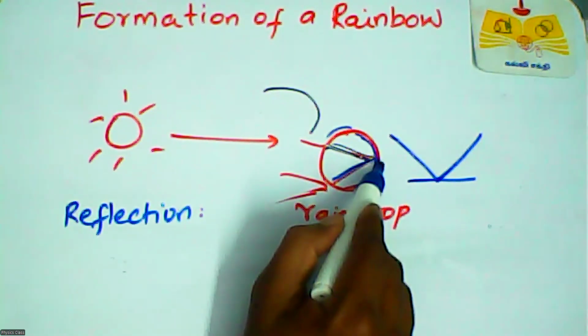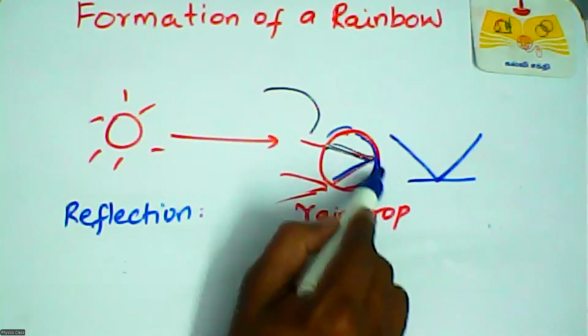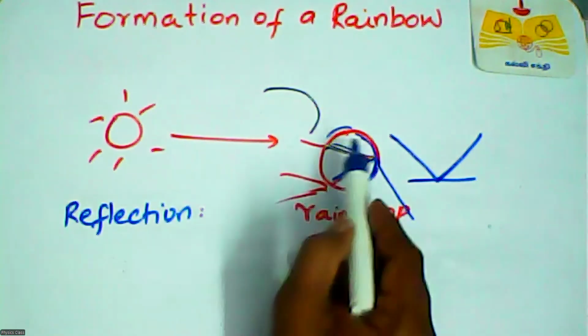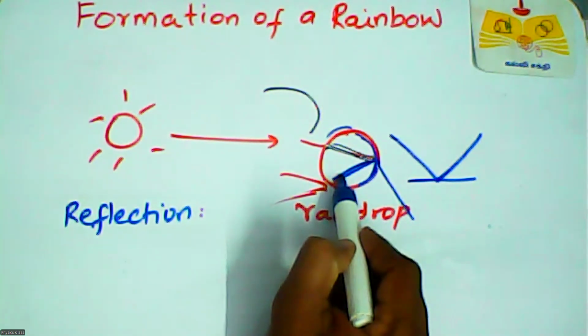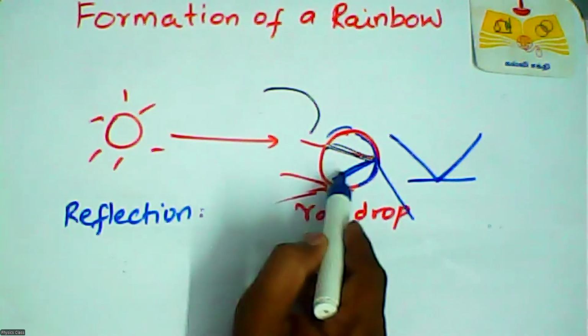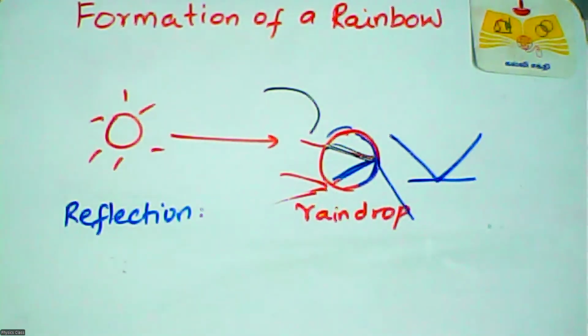Some rays pass through the inner surface, bending, but because of this angle, some light bounces back into the same raindrop. This is called reflection, or internal reflection.